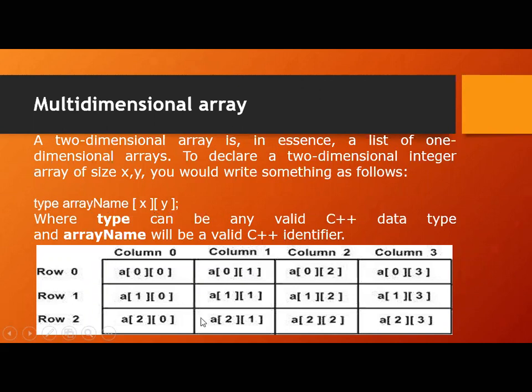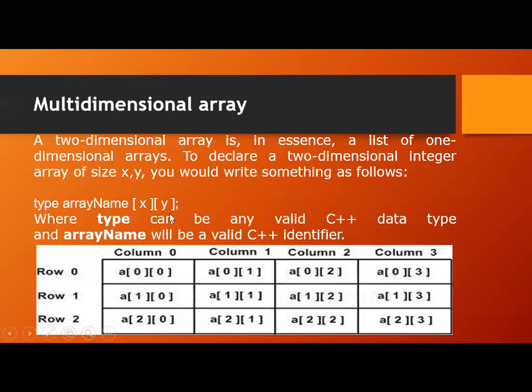And here we have a table that represents a little pictorial of what the multidimensional array looks like. So if X here was 3, it means that we have 3 rows ranging from 0 to 2. And because it's index 0, the first one starts at 0, and the last one at 2.